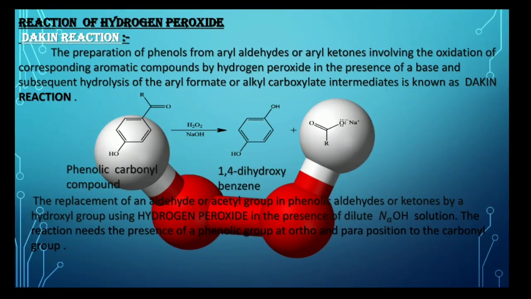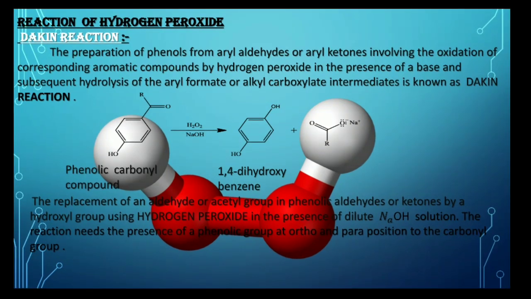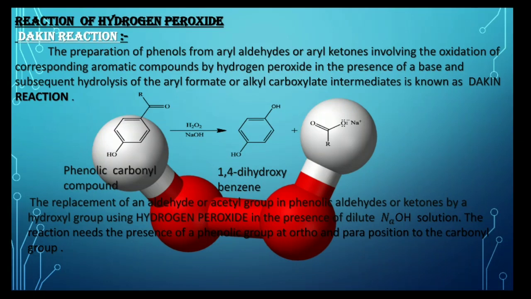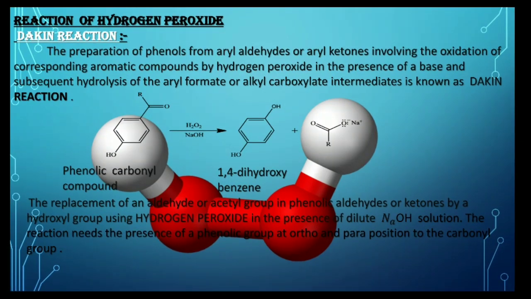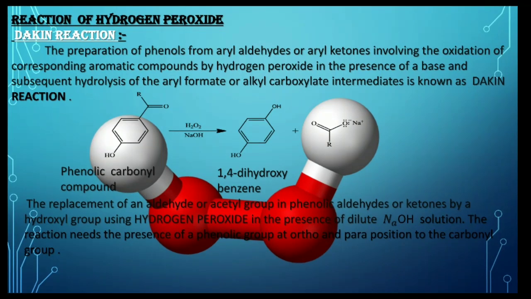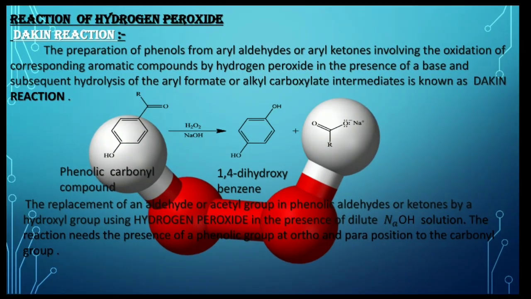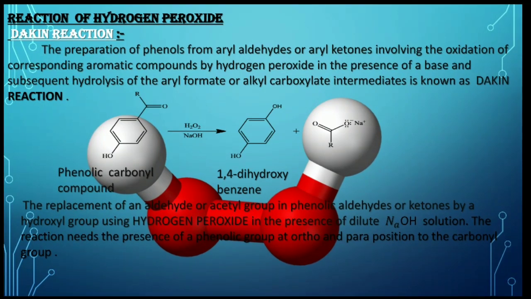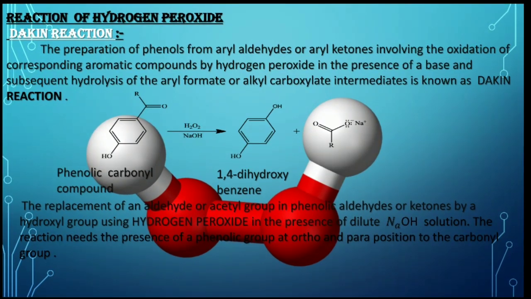It is the replacement of an aldehyde or acetyl group in phenolic aldehydes or ketones by a hydroxyl group using hydrogen peroxide in the presence of dilute sodium hydroxide solution. The reaction needs the presence of a phenolic group at the ortho and para position to the carbonyl group.